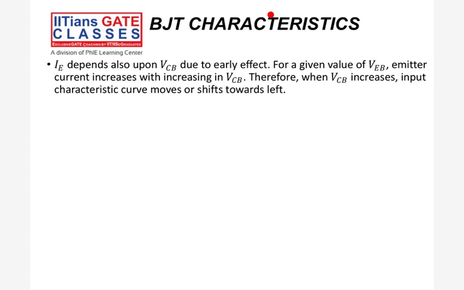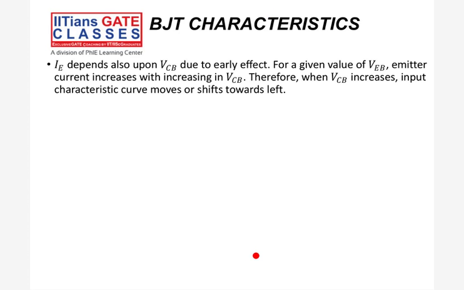So what is this BJT characteristic here? In BJT, I have written that IE depends also upon VCB due to the early effect. For a given value of VEB, emitter current increases with increase in VCB. Therefore, when VCB increases, the input characteristic curve shifts towards the left.